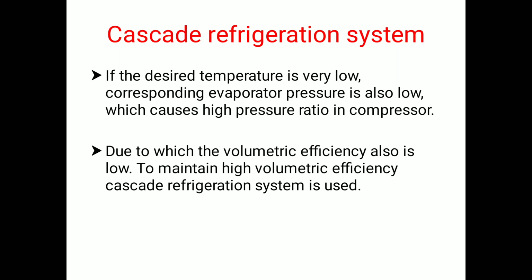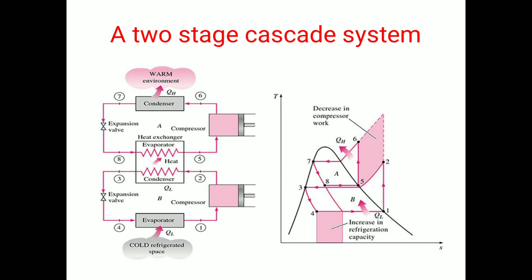That means the cascade refrigeration system consists of two or more vapor compression refrigeration systems in series, which use refrigerants which have progressively lower boiling temperatures. So the cascade refrigeration is another type of vapor compression refrigeration cycle, you can say.